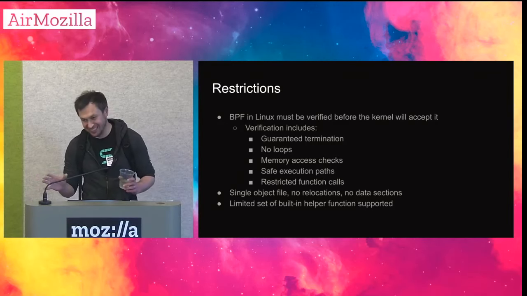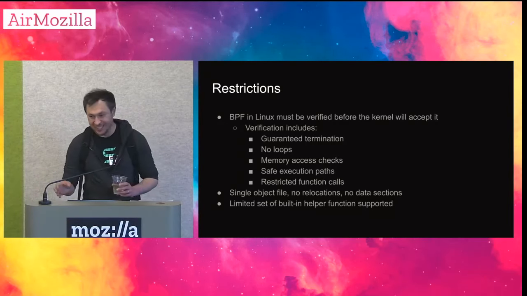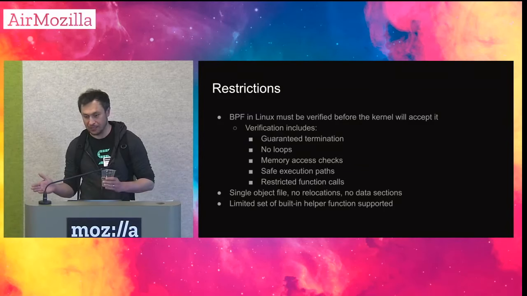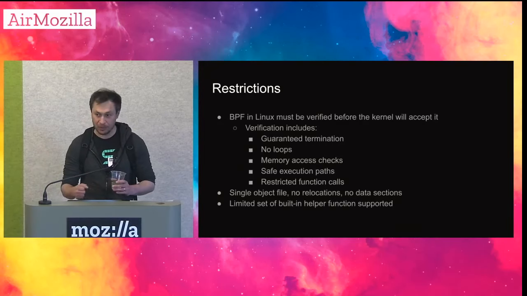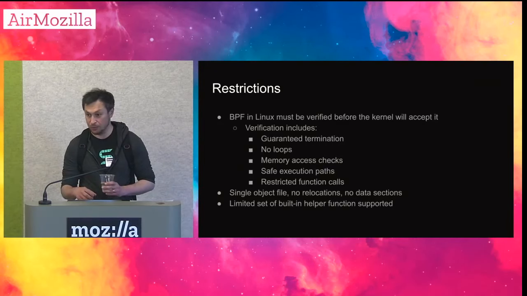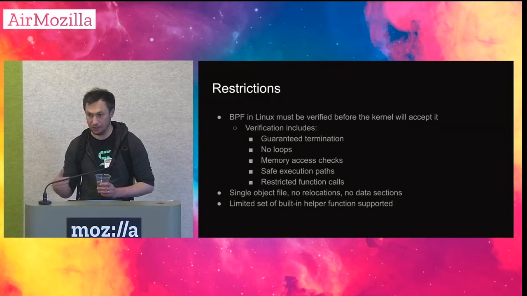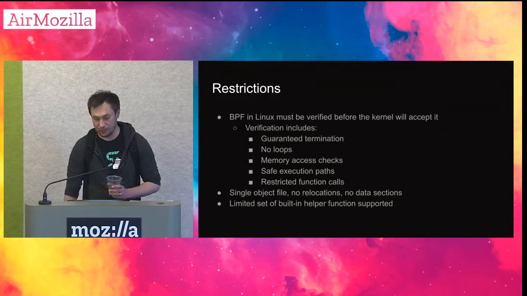The kernel does this. Memory accesses are all safe, and all the execution paths are safe. And it can basically do this in a single pass. So the LLVM compiler will spit out code that violates these rules, and then when you push it to the kernel, it will just reject it during the driver initialization phase.